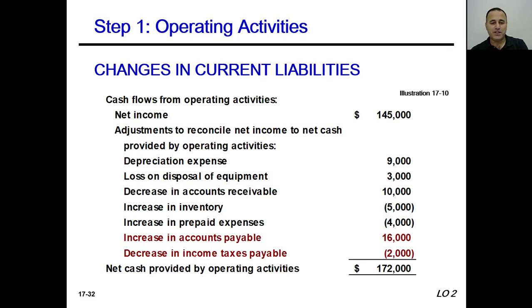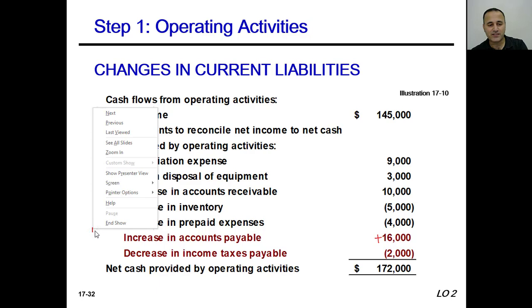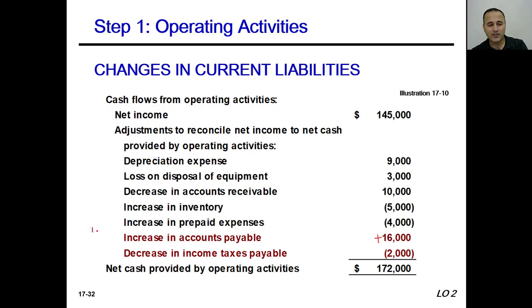So, for example, the increase in accounts payable is $16,000, so I have to add it. Initially, suppose my accounts payable was $10 and now it jumped by $40 and it's $50. This positive number is a cash inflow.